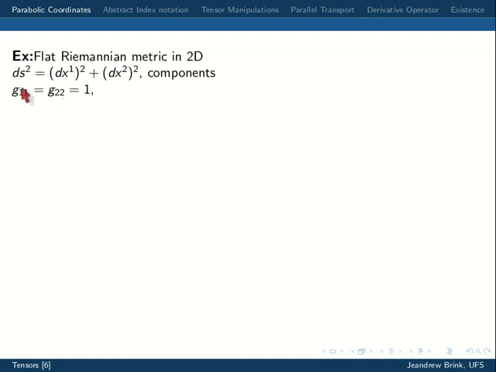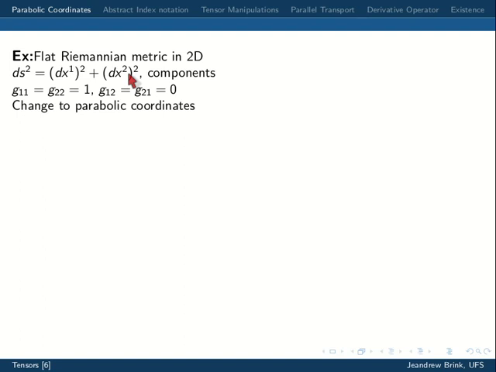From this ds squared you can immediately write down that it's the diagonal matrix. It has two elements, and the off-diagonal elements g_12 and g_21 are 0. So that's our representation of the metric in terms of the coordinates x1 and x2.